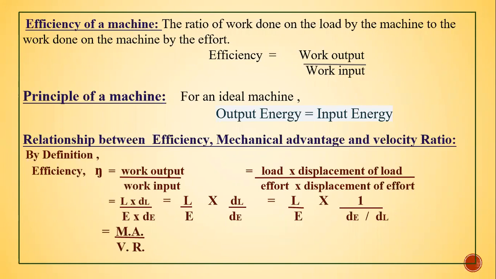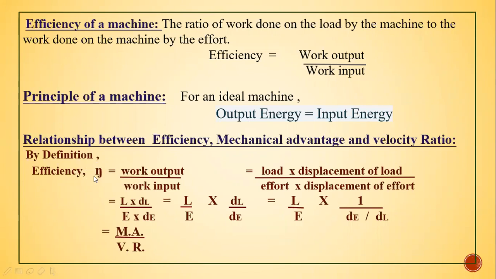Let us find out the relationship between efficiency, mechanical advantage, and velocity ratio. If we start with the formula of efficiency, efficiency here will be denoted by eta, a Greek letter.